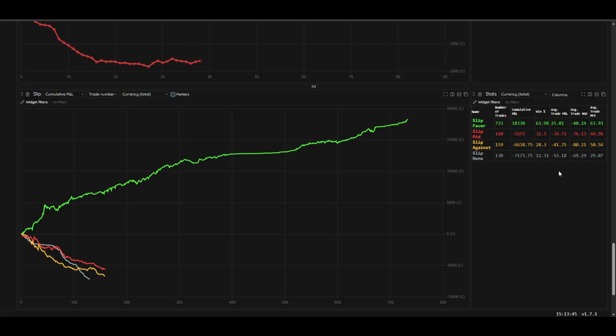When there's no slip, because this is you on the left. When there's no volatility, we're hurting the worst. And then when we go for anything against, that hurts second.